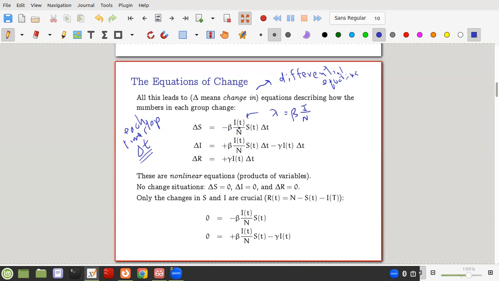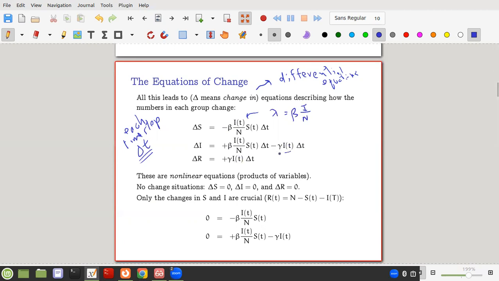And the only place these sick people can go is into the room I. So this term is identical here, except for a plus sign, because all the people who left S went to I and became infected. However, for I, there are also people leaving that room, which is minus gamma I delta t. So this is the change in I. And the last one, R, the recovered, is just the people who left the infected room to the recovery room.